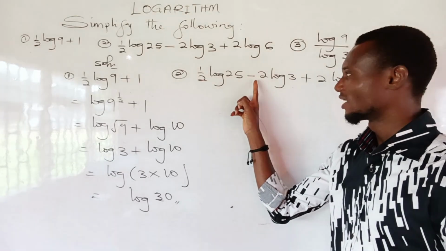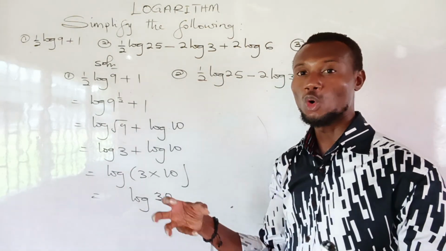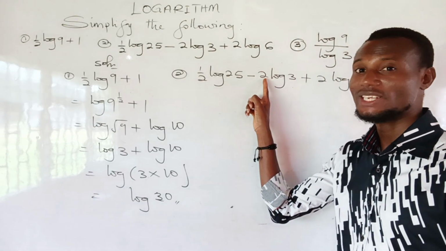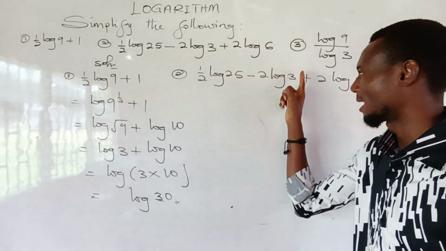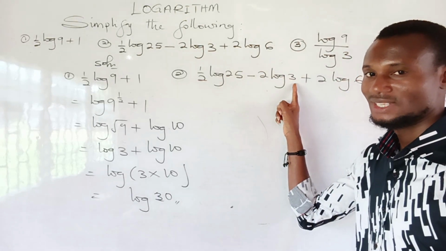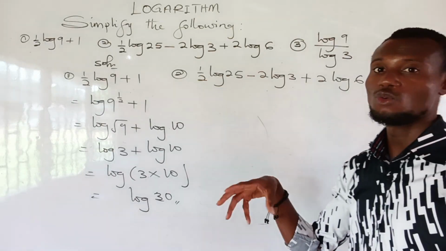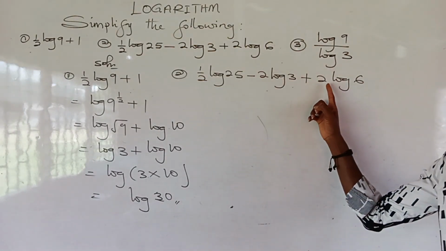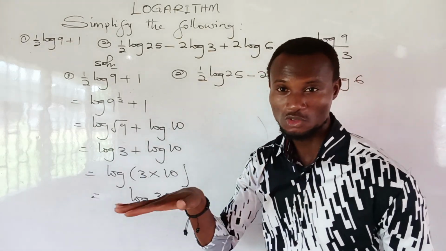And I'm seeing a minus sign here, so it means I'm going to apply the quotient rule. At the same time, there's 2 here, which is a coefficient to the log here, so it will move and become a power to this 3. That's the power rule. And also I'm seeing an addition sign here, so we are going to apply the product rule and finally also apply another power rule to simplify this as well. So that's what we are going to do.